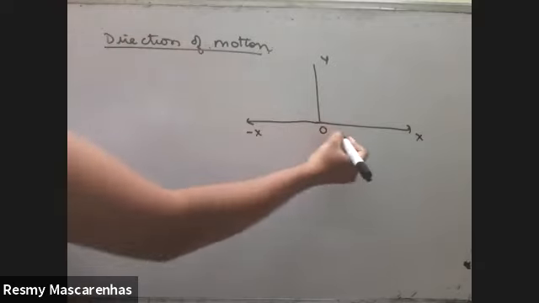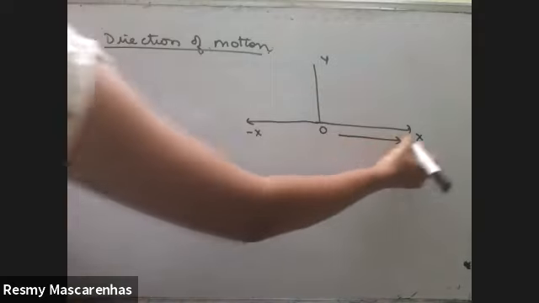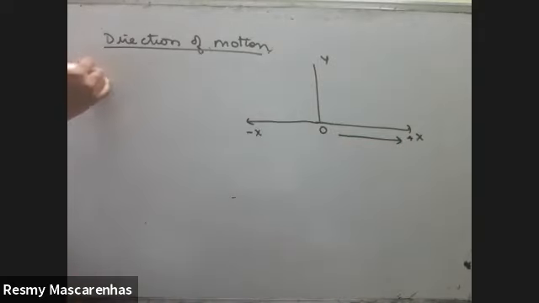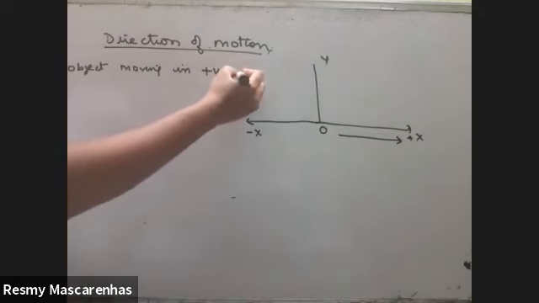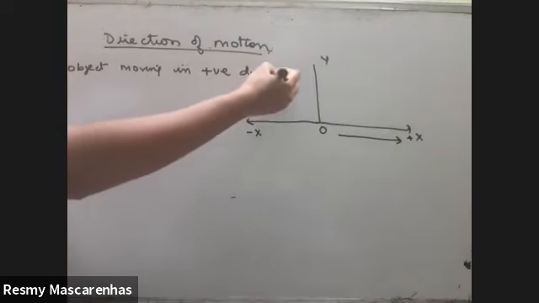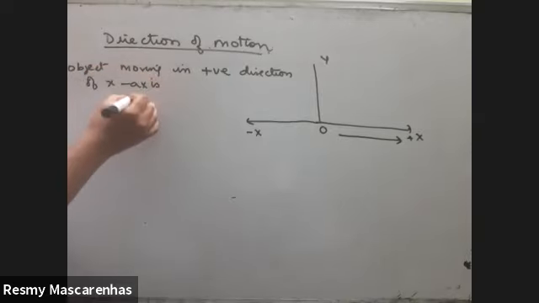Suppose our object is moving this side, on the positive x-axis side, in the positive direction of x-axis, and velocity is always greater than 0.